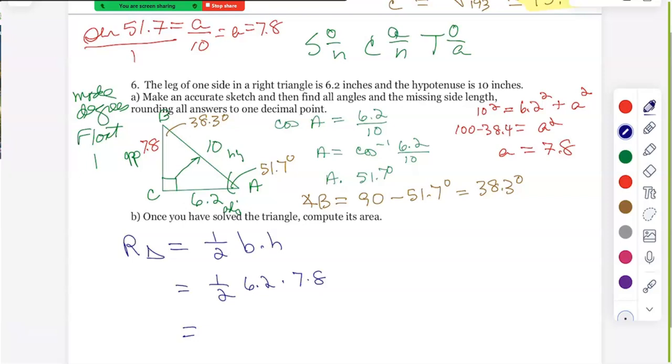If I do 0.5 times 6.2 times 7.8, I'm going to get an area that is 24.2. These are inches, so that's going to be inches squared.